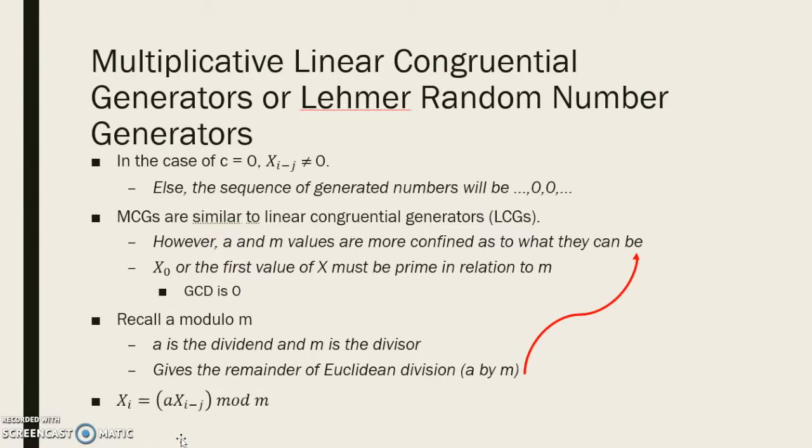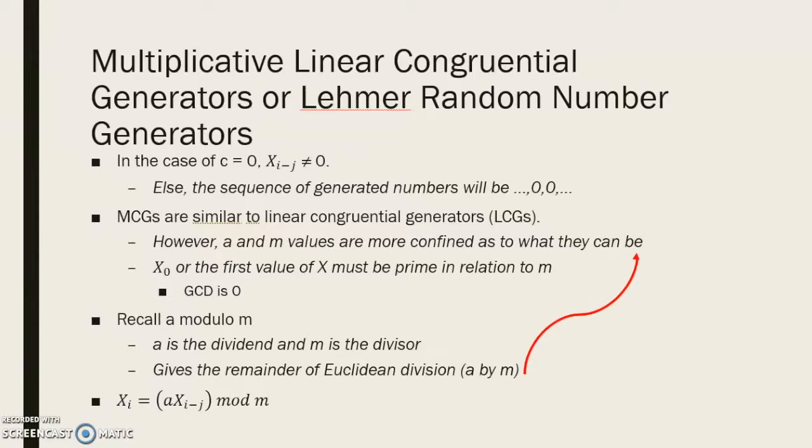However, your A and M values are more confined as to what they can be. X_0 is also more confined, and it must be relatively prime to M, so the greatest common divisor is 1. A, your multiplier, must be a primitive root modulo M, and M must be a prime number.